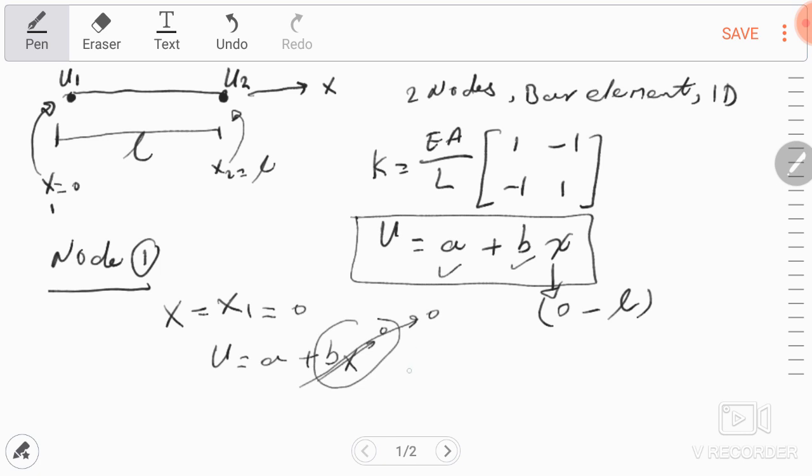That means u equal a, because u equal u1.